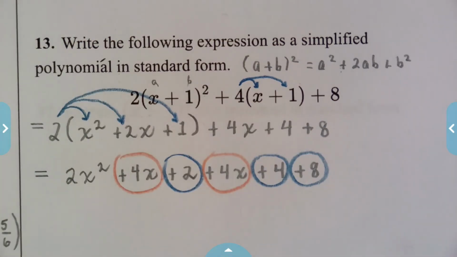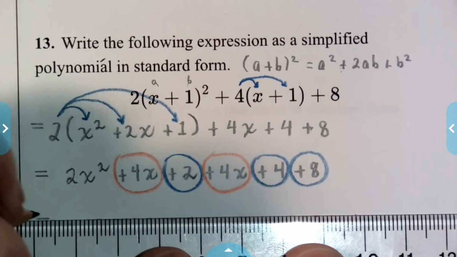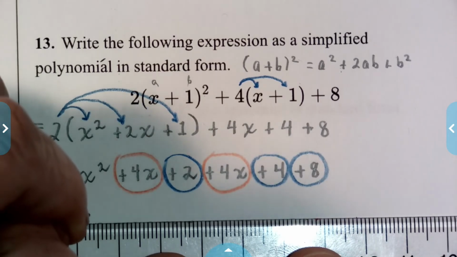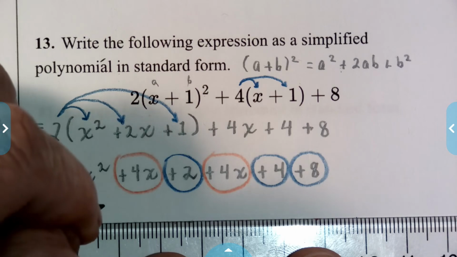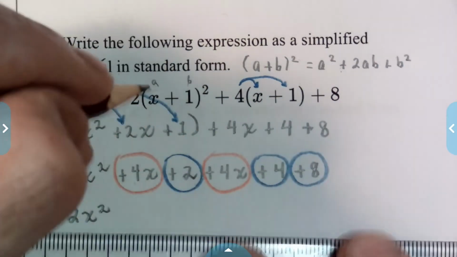Okay. Now we know what we need to combine, and we have to write this in decreasing order of exponents. So we're going to start with the 2x squared. Now, 4x plus 4x, that's plus 8x.